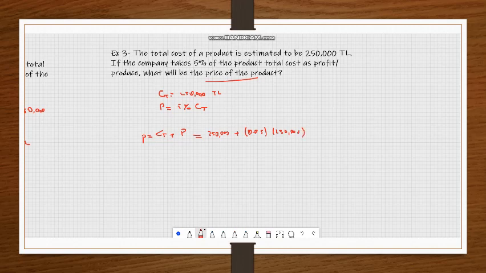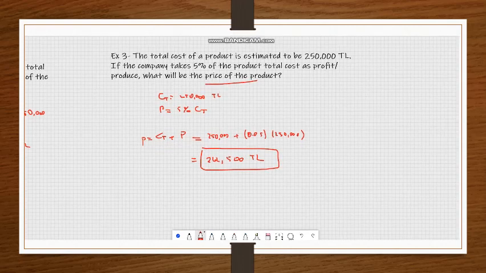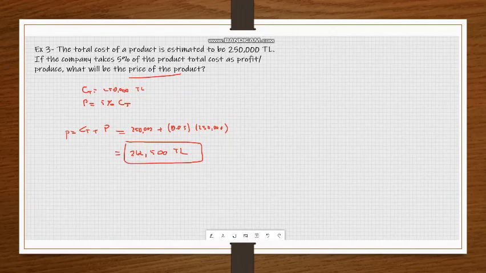So the price of this product is 0.05 multiplied by 250,000 plus 250,000, which is 262,500 Turkish lira, the price of this product with 5% profit for the company. Let's continue our examples.